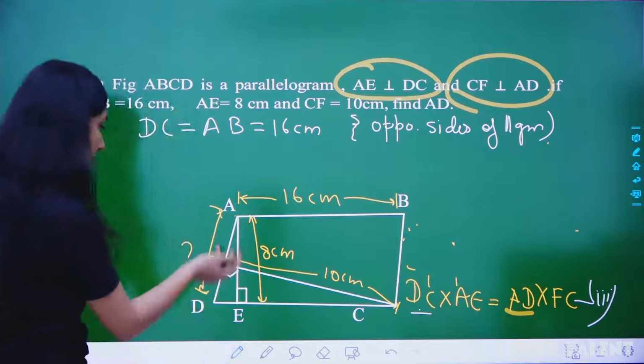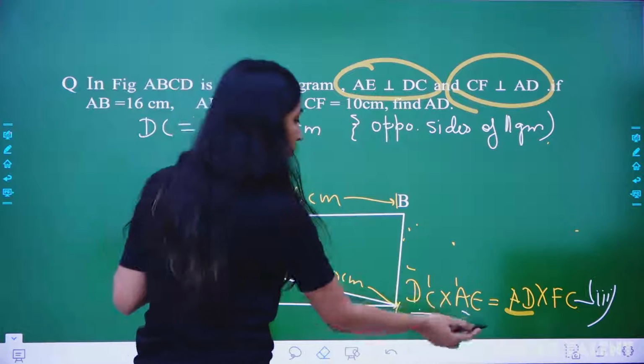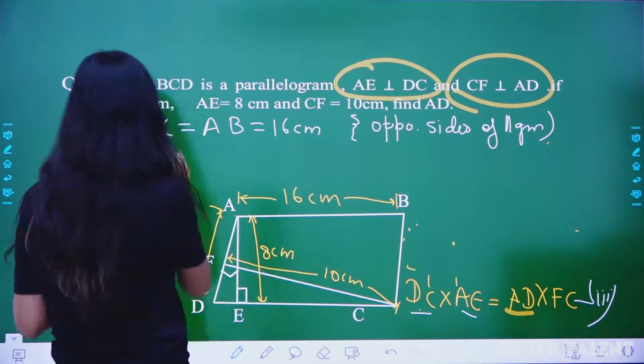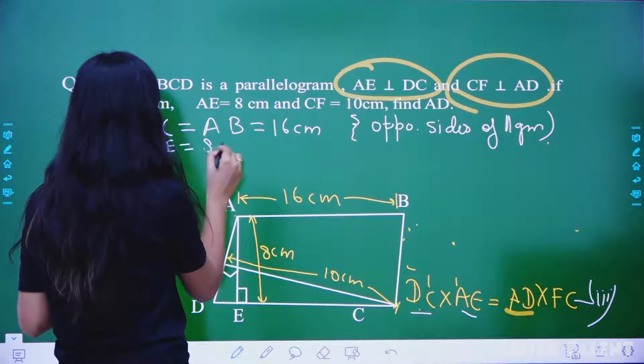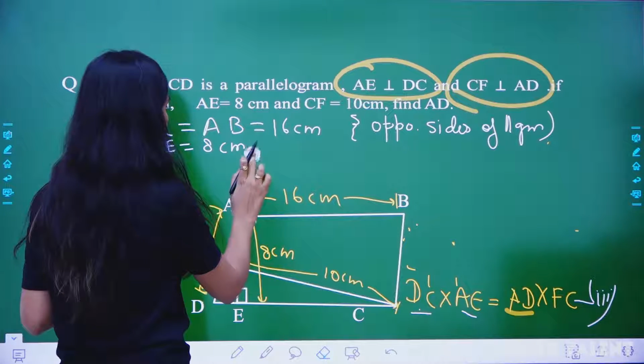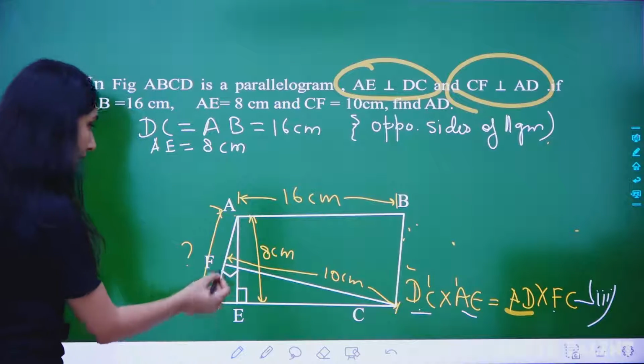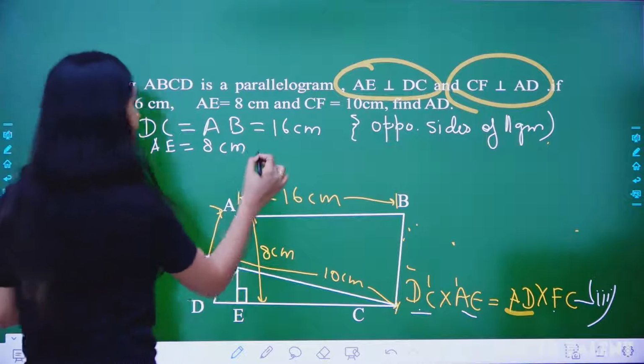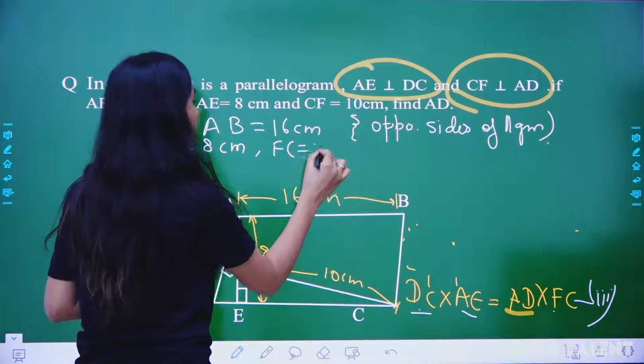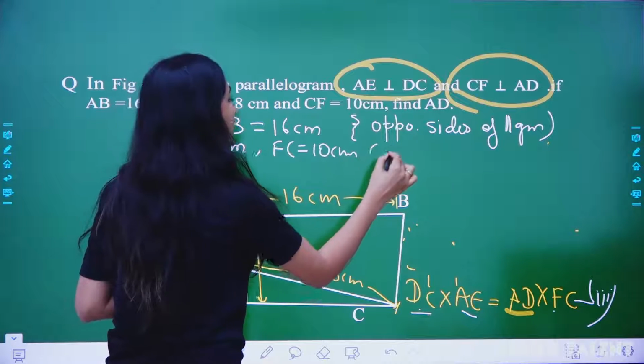AE is given as 8 centimeters. Then we'll be having FC. FC is given as 10 centimeters. These two values are given.